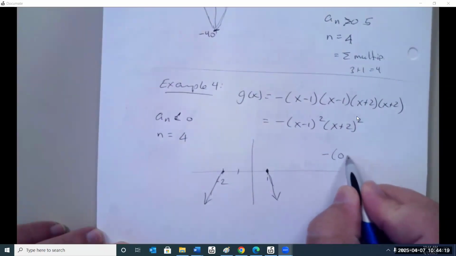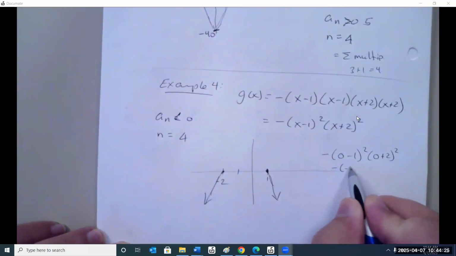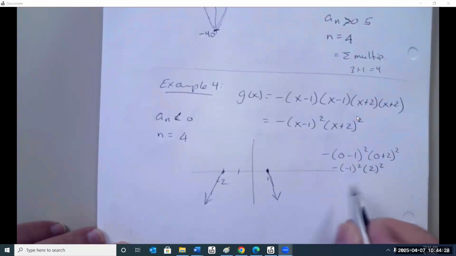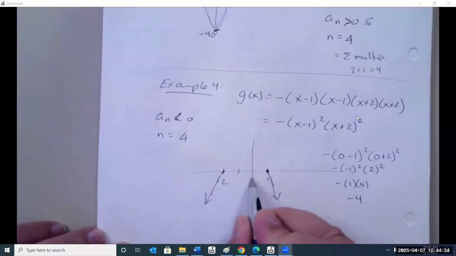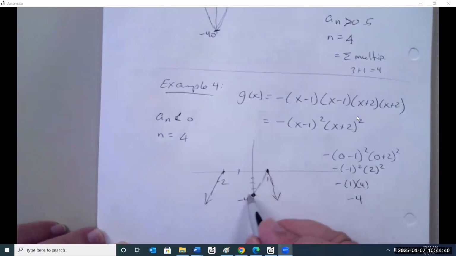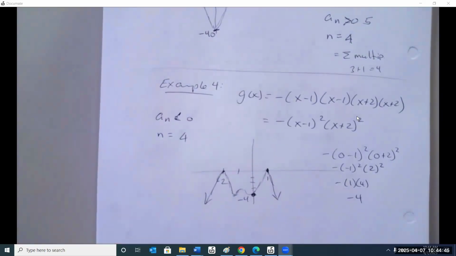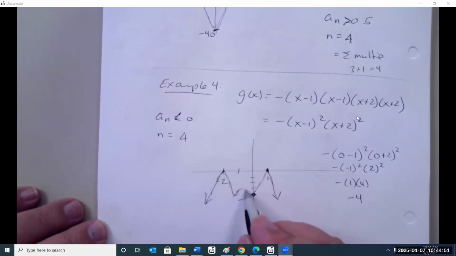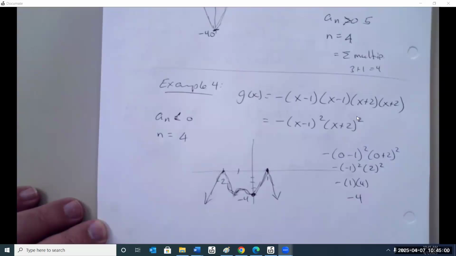Set x equal to 0. It's got 1, 2, 3, too many solutions. 1, 2, 3, yeah, at most.